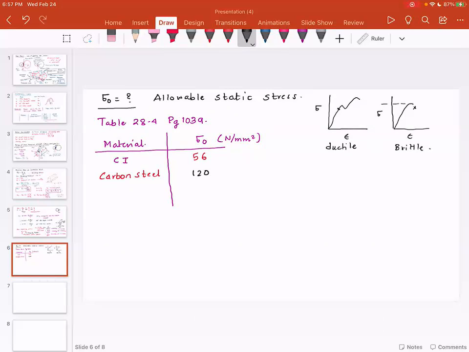Now, in certain cases, if we go with special purpose alloy steels, you can go all the way up to 350 Newton per millimeter square. If you go to maybe phosphor bronze, then you can go up to about 84. And for each material, there are different applications.